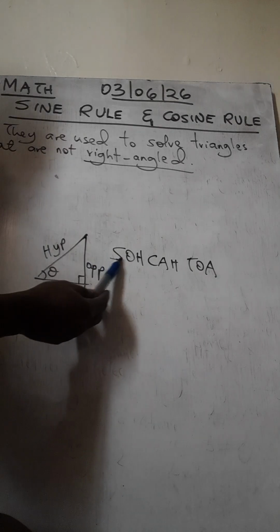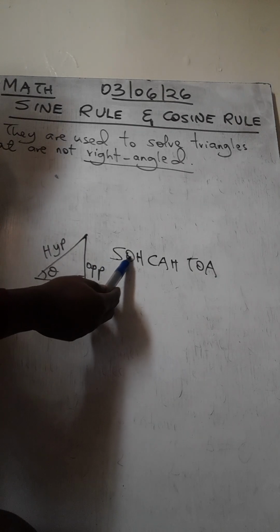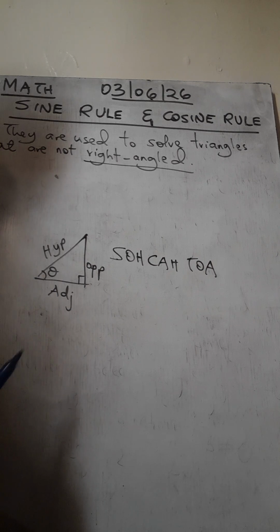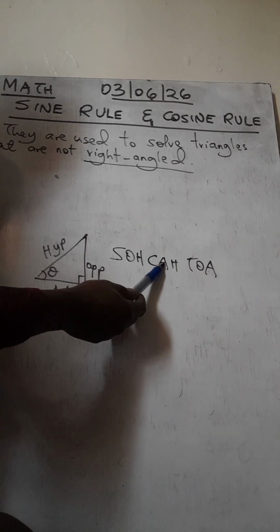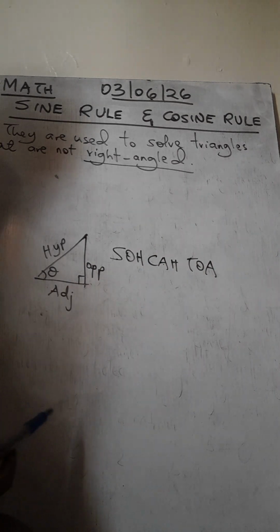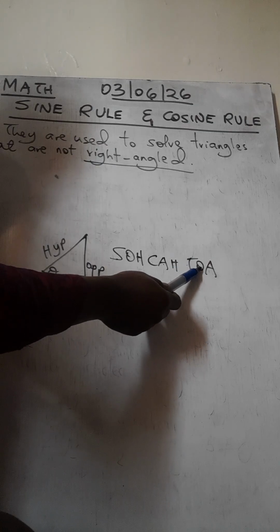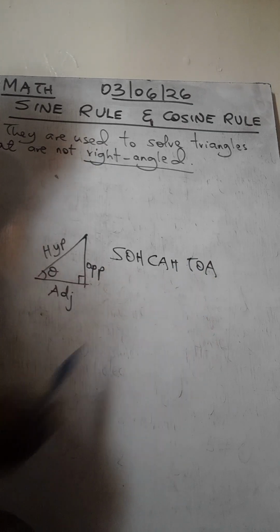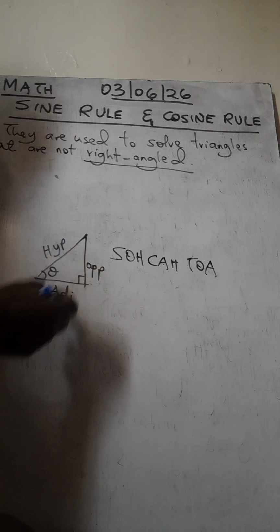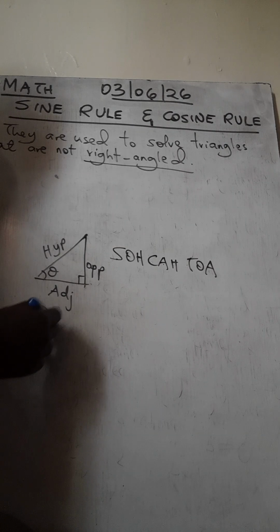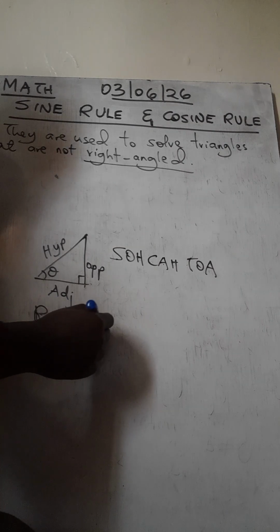Therefore sine of theta is opposite side divided by hypotenuse, cosine of theta is adjacent side divided by hypotenuse, tangent of theta is opposite side divided by adjacent. That is only when you are talking about a right angled triangle.